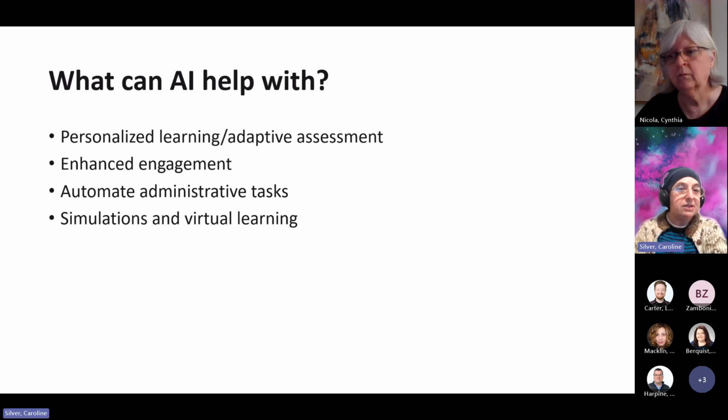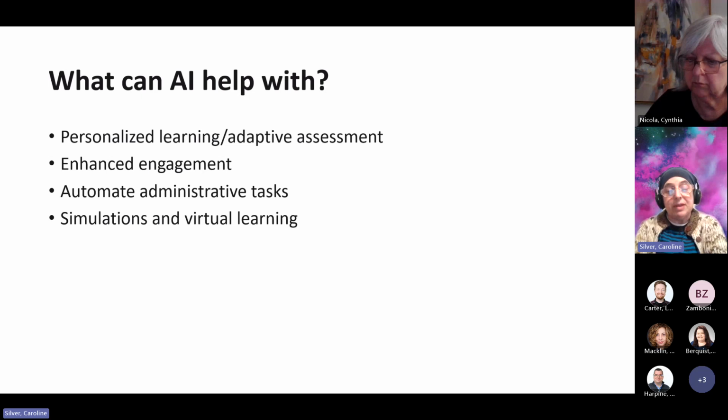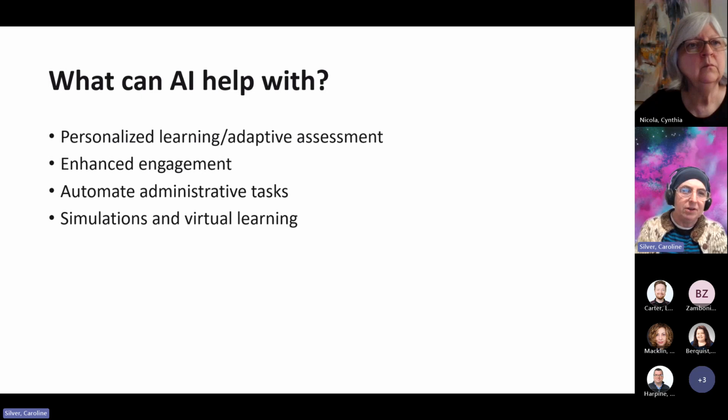So that would be personalized or adaptive assessment, personalized learning. Those are things that we can use AI to do to allow students to succeed better. That's just one example. One of the challenges we have with AI is, how can we think creatively enough to use the tools effectively?